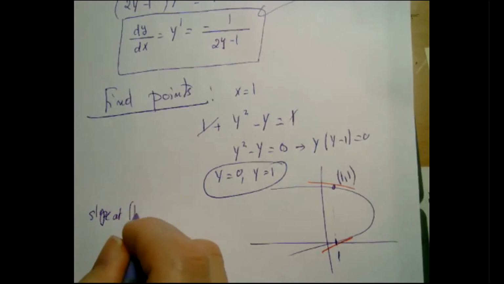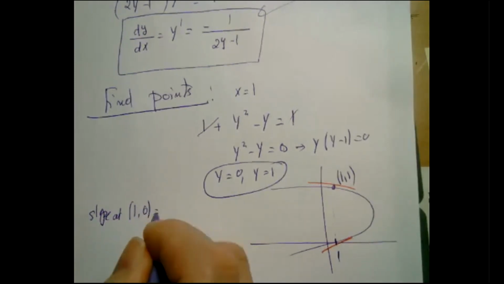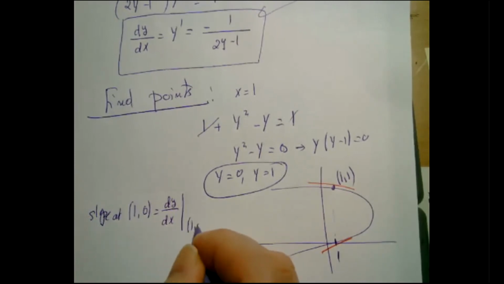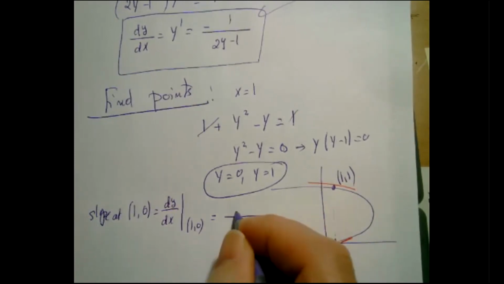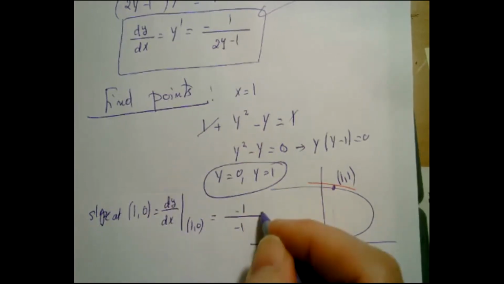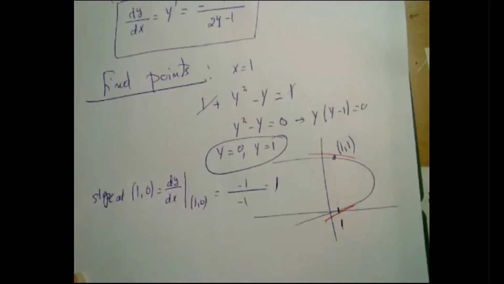So now the slope at the point 1, 0 is basically dy dx at the point 1, 0, which is minus 1 over 2 times 0 minus 1, which is 1.